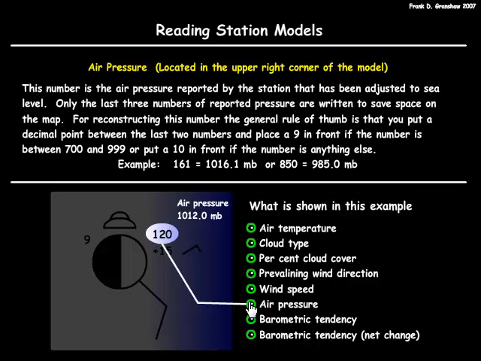You're also going to determine the air pressure. To save printing and space, the air pressure is abbreviated. So in this case here, the number that's reported is 120. That's not your air pressure. You need to add 10 to the front of this number, so your air pressure would really be 1012.0.